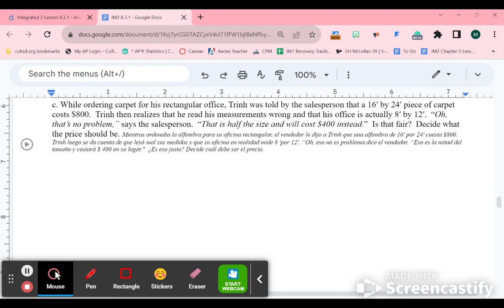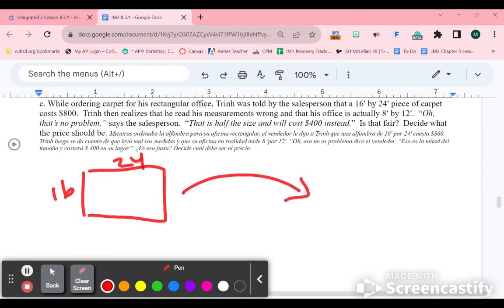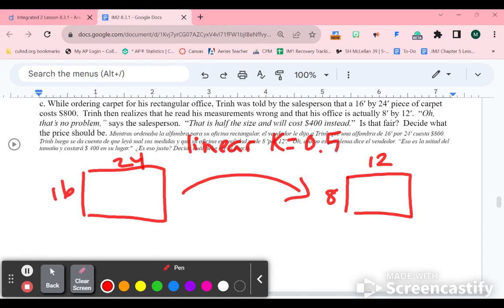Well, let's decide what that price should have been, because we have to think about it. If I start with 16 by 24 and I end with 8 by 12 for length, then the linear scale factor, k, is 0.5, because I'm reducing by half.